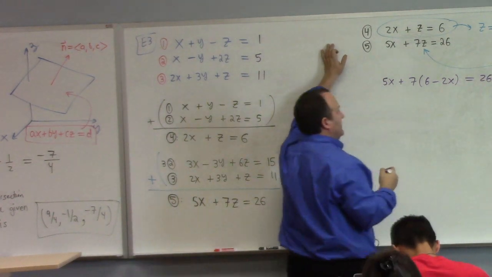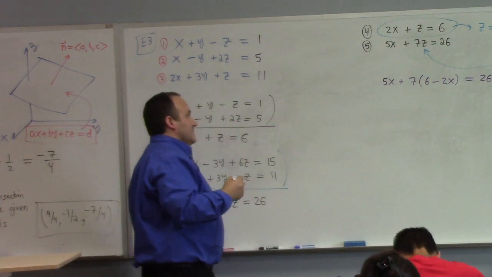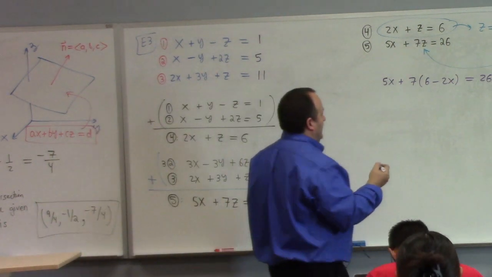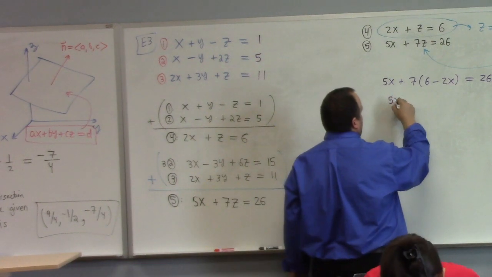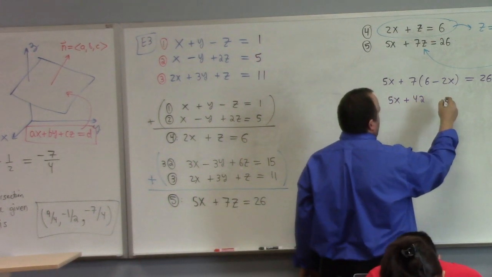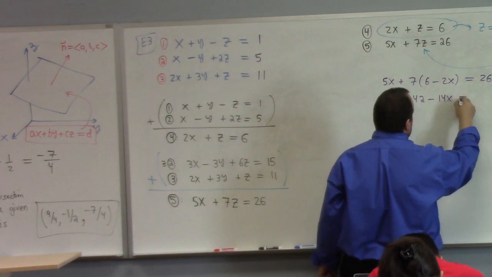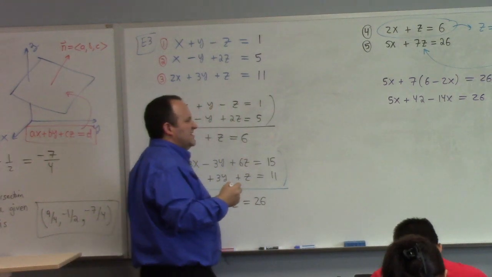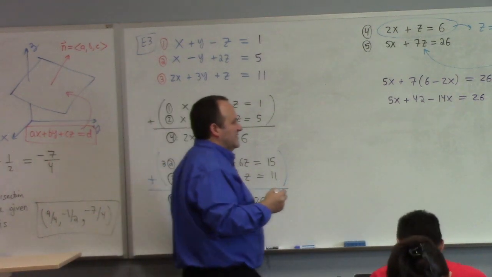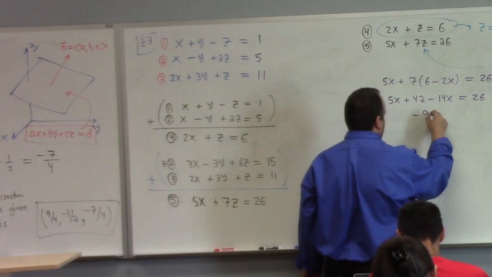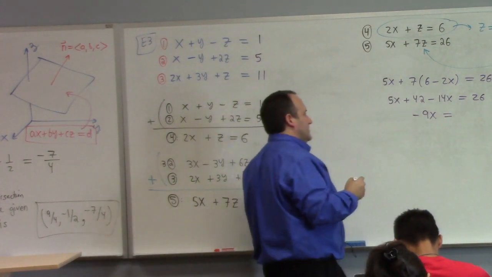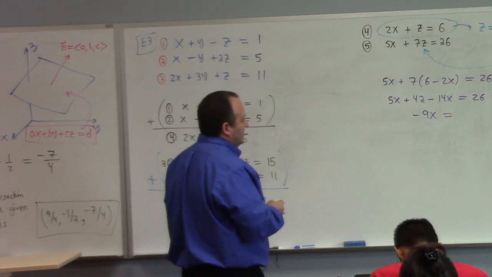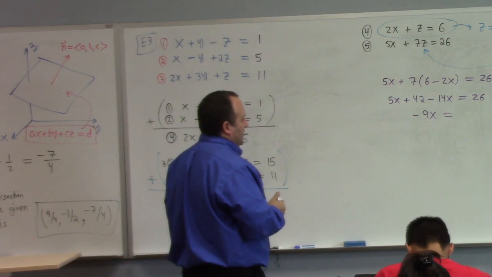If this works out to a fraction, I will be unhappy. So we have 5x plus 42 minus 14x equals 26, which gives me, it's not looking good, minus 9x equals... man, what's 26 minus 42?